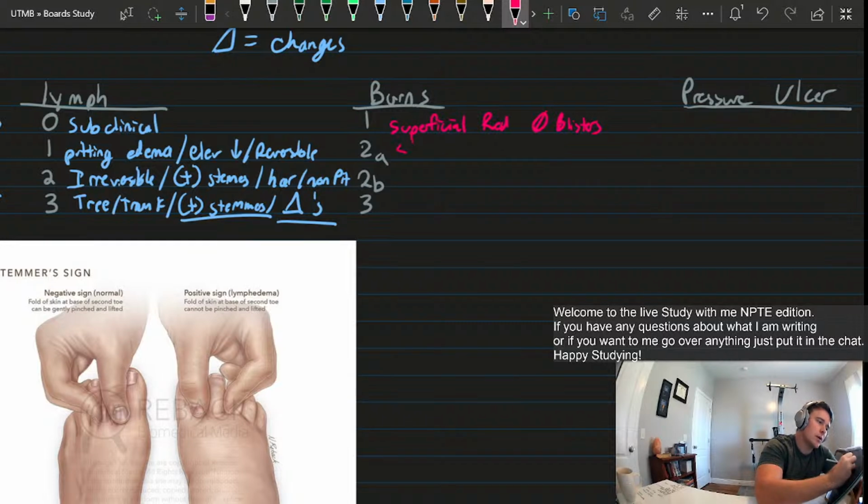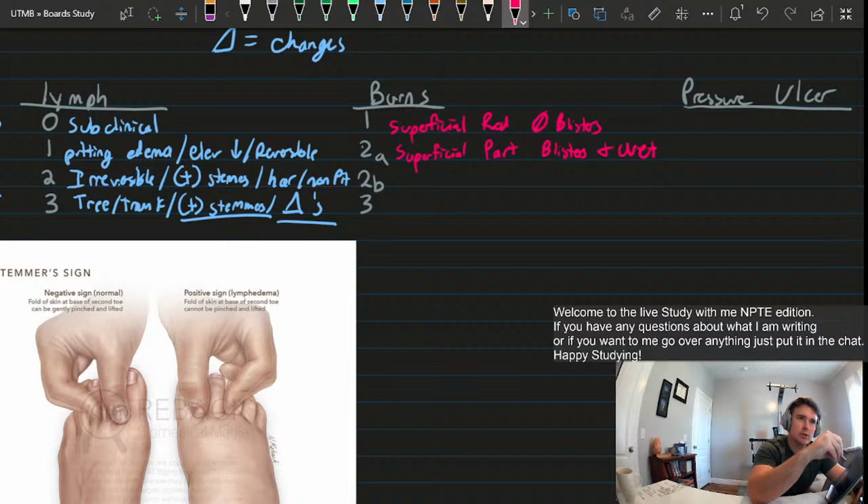Okay, this is going to be a superficial partial thickness. This is going to be blisters and wet. These are going to be intact blisters. So if it says a patient has intact blisters, you're immediately going to go with the superficial partial thickness. Okay, so you've got 2B.